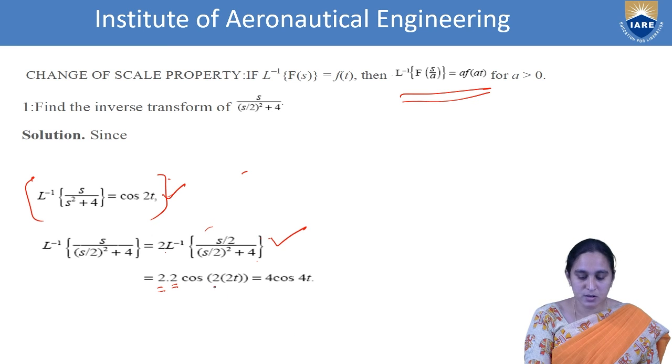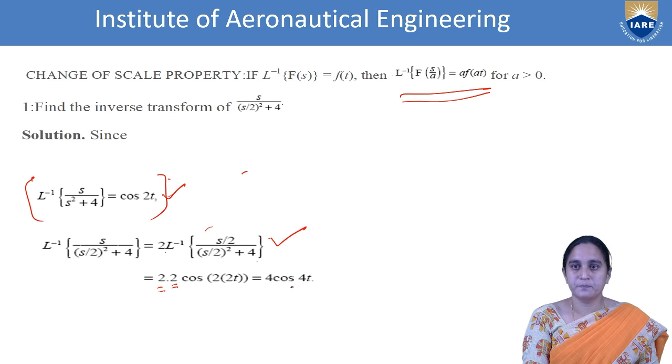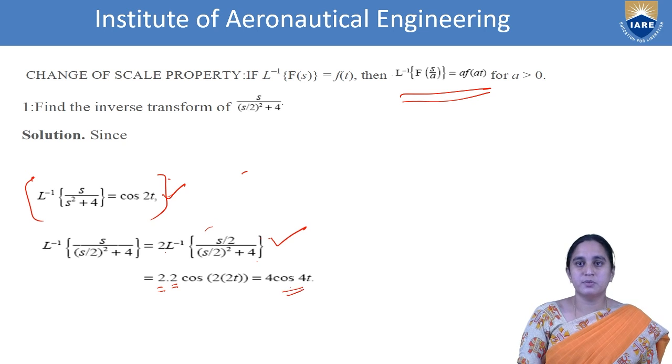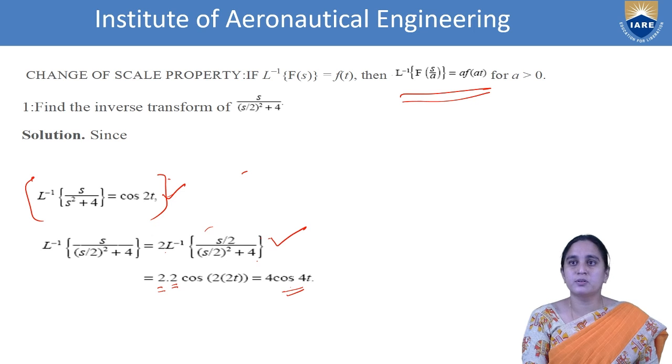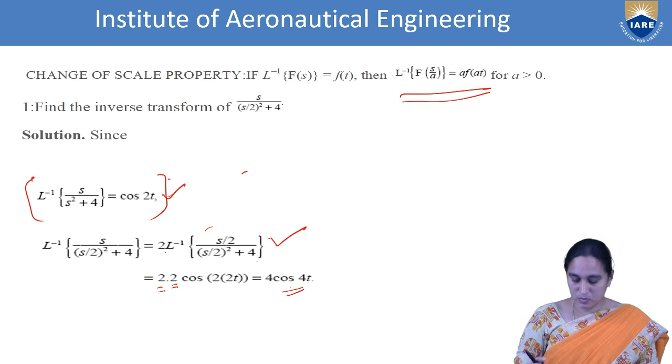That is cos of 2 into 2t, that is 2 into 2, 4 into cos 4t. This is the final answer. Very simple method for the change of scale property. First, the given question we have to convert as Laplace inverse of f of s by a.